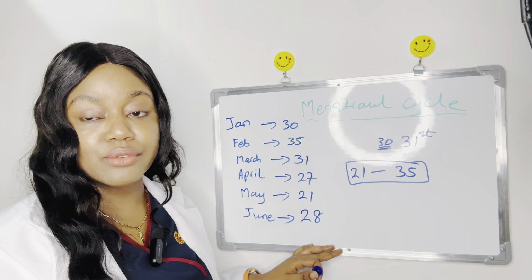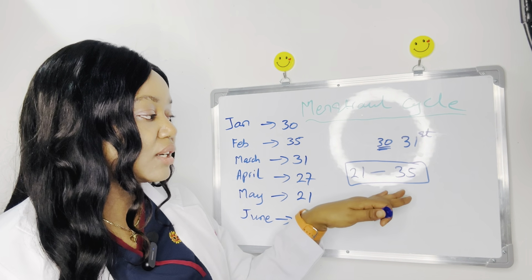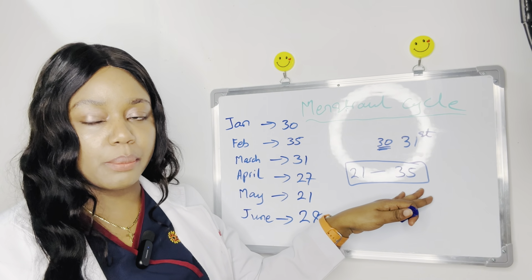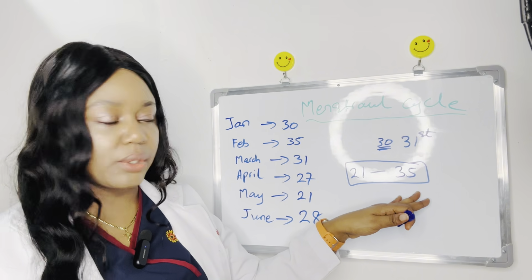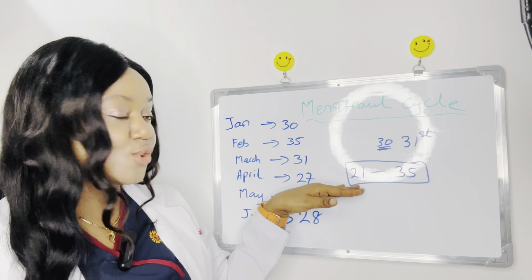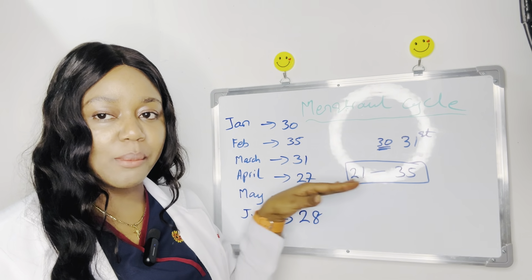For that you have to confirm by seeing a doctor. And also, if your menstrual cycle goes above 35 days, there might also be a problem. You can only check that with the doctor. So menstrual cycles are usually between 21 and 35 days. This is the normal range.